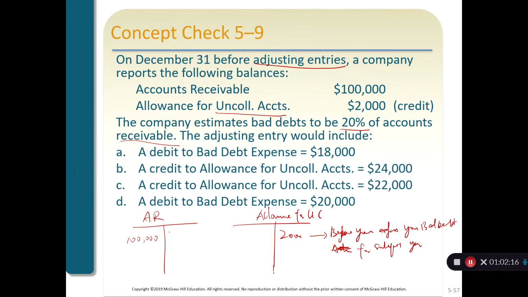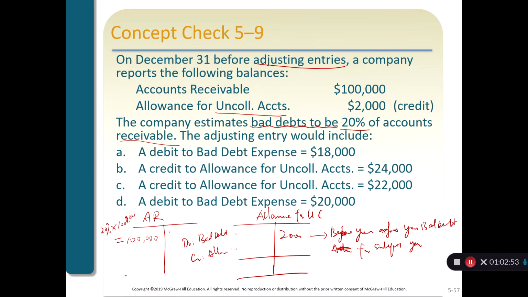So if the company is saying that the bad debt is to be 20% of accounts receivable, then 20% multiplied by accounts receivable is going to be 20,000, right? So therefore, we should debit bad debt for something and credit allowance for something.